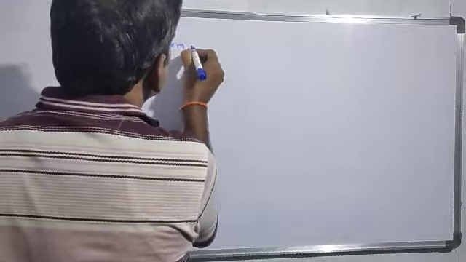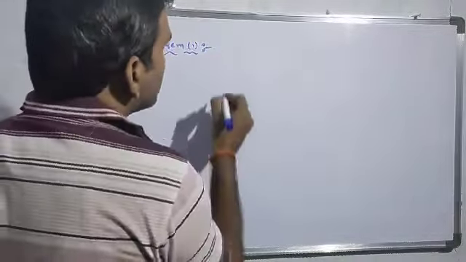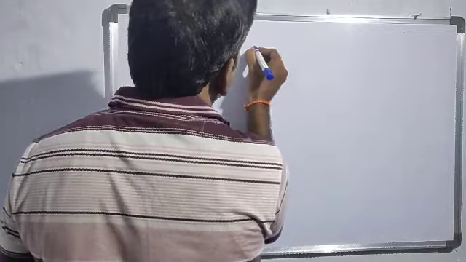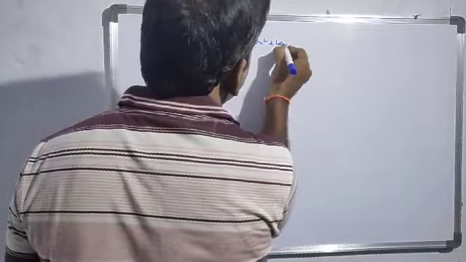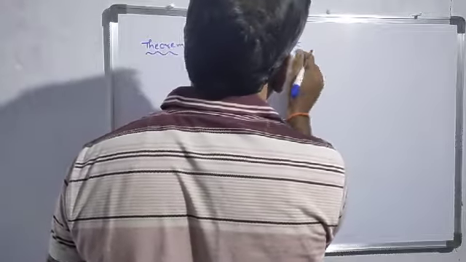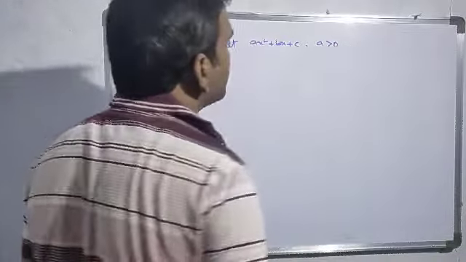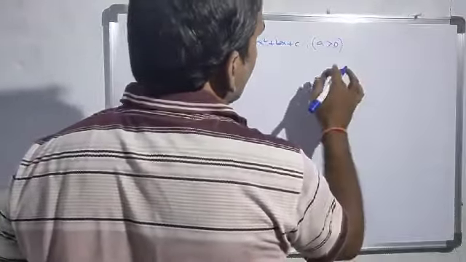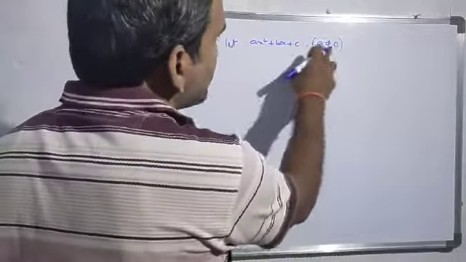Our first theorem is: let ax² + bx + c, where a not equal to 0, that means the principal coefficient is not equal to 0.